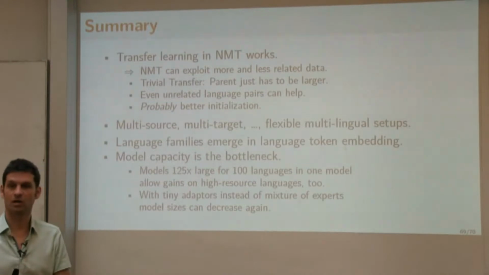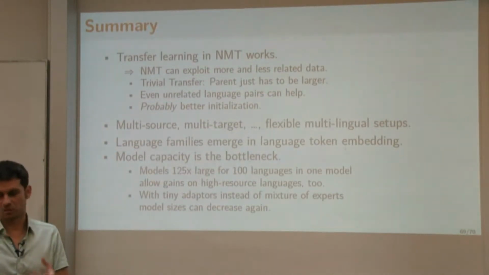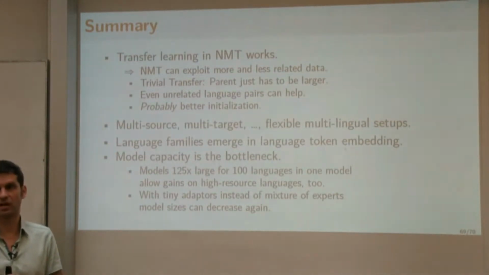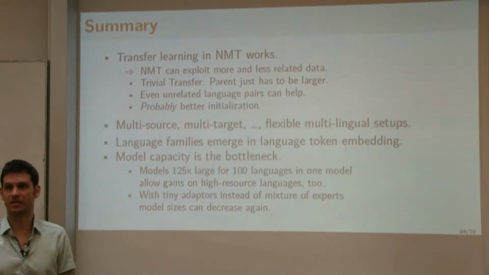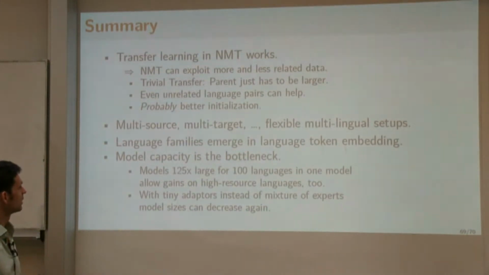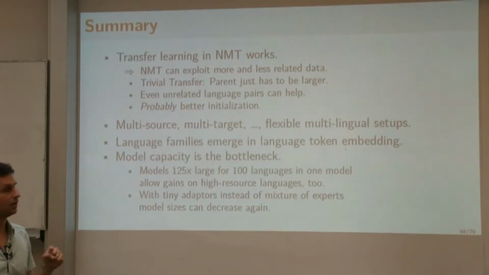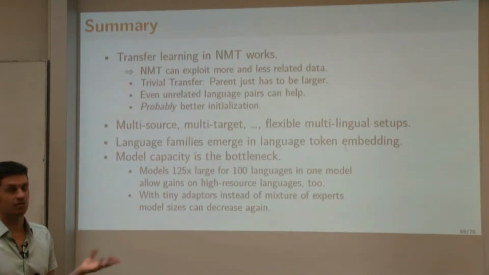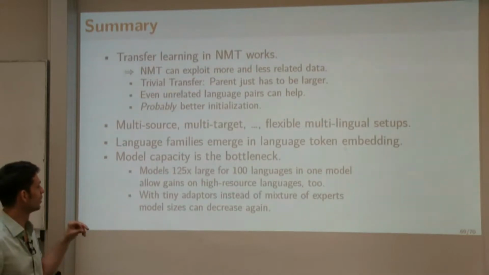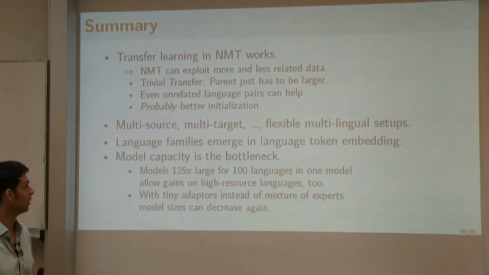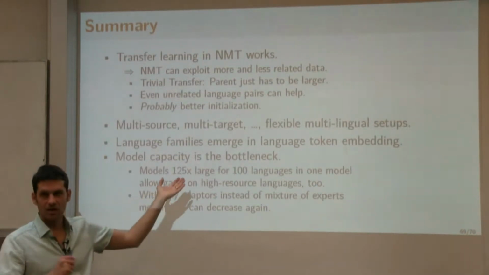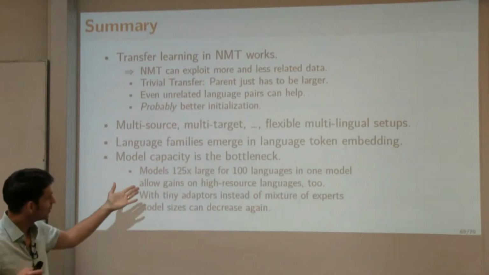But the language token specifying the target language had an interesting embedding that revealed language memories. And the model capacity bottleneck was finally removed by the recent experiments of Google, a three-year work in total, with models that are 100 times larger.